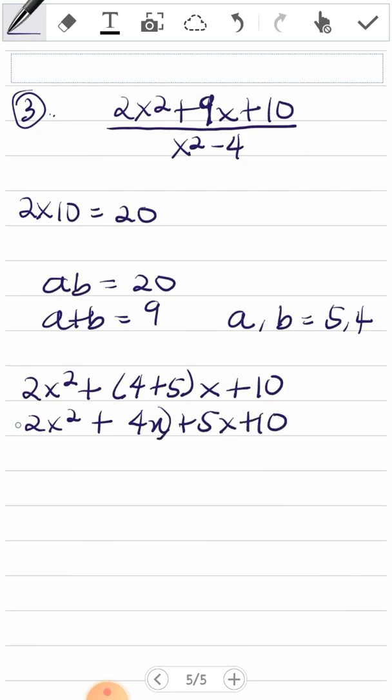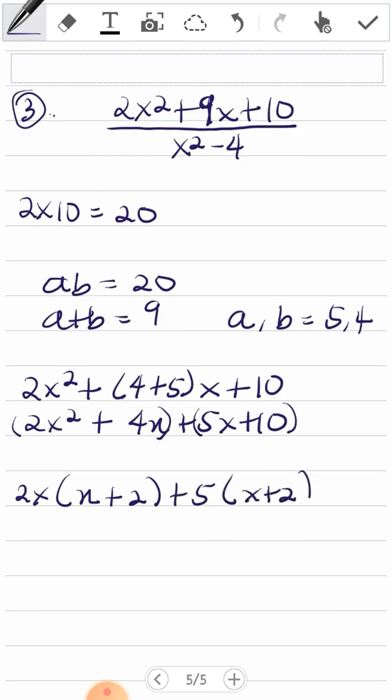Then later we factorize. When you factorize, I'm going to get 2x coming out, x plus 2. Then you factorize 5 out, x plus 2. So you're going to get 2x plus 5, x plus 2. So this will be for the numerator.